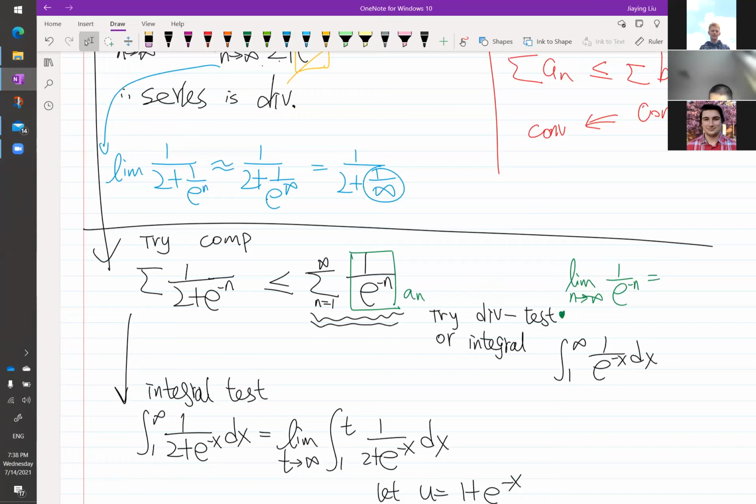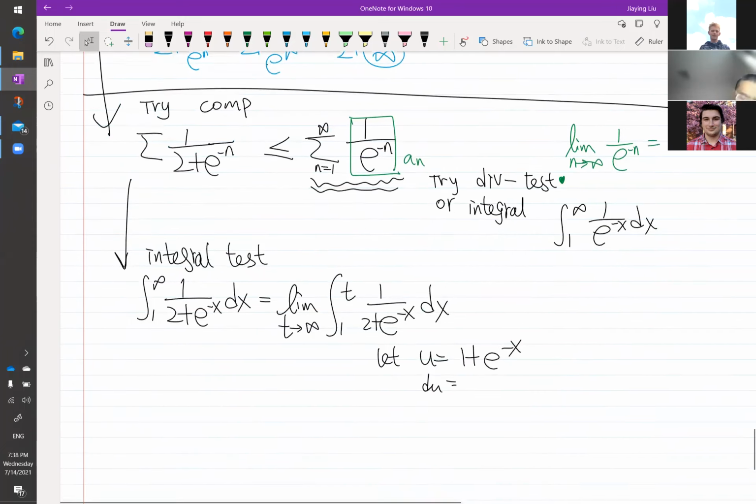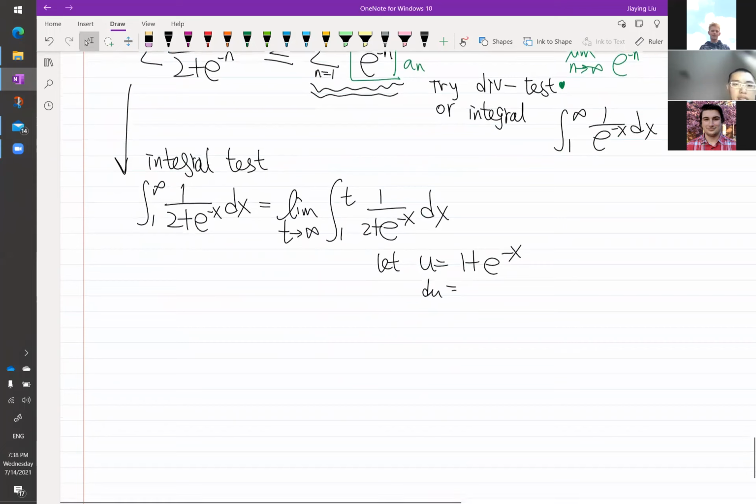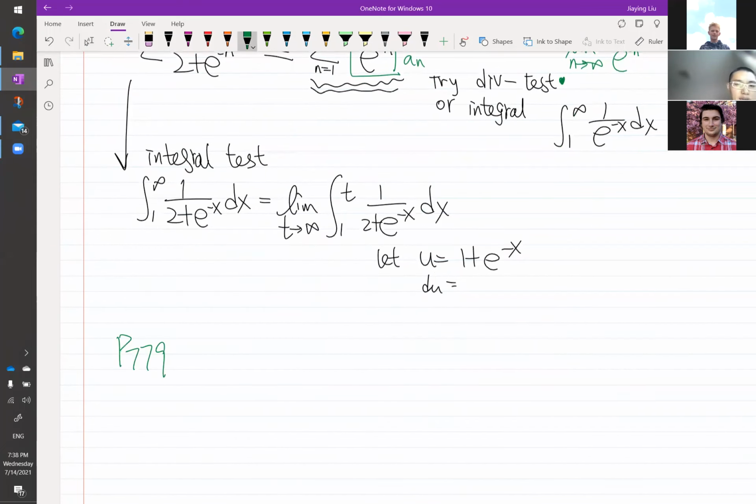So you go to section 11.7, page 779. It gives you a sort of strategy of how to do the testing.